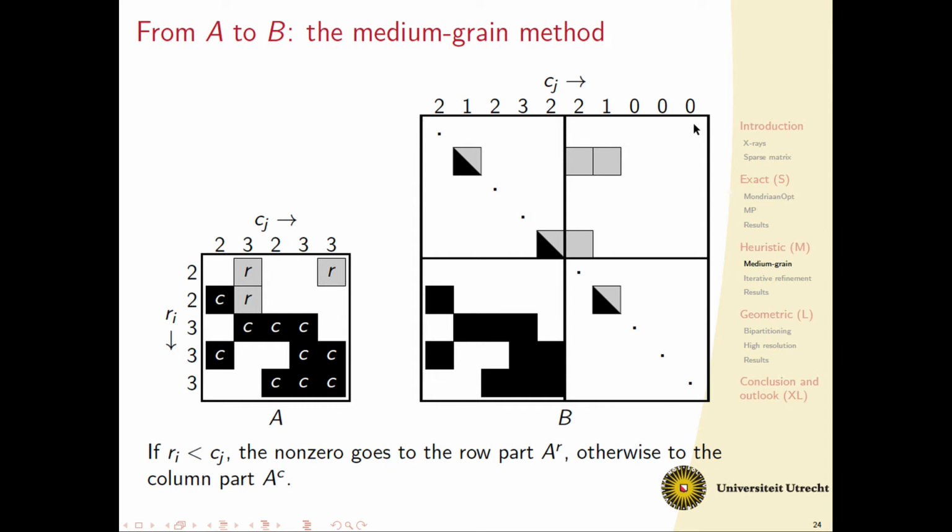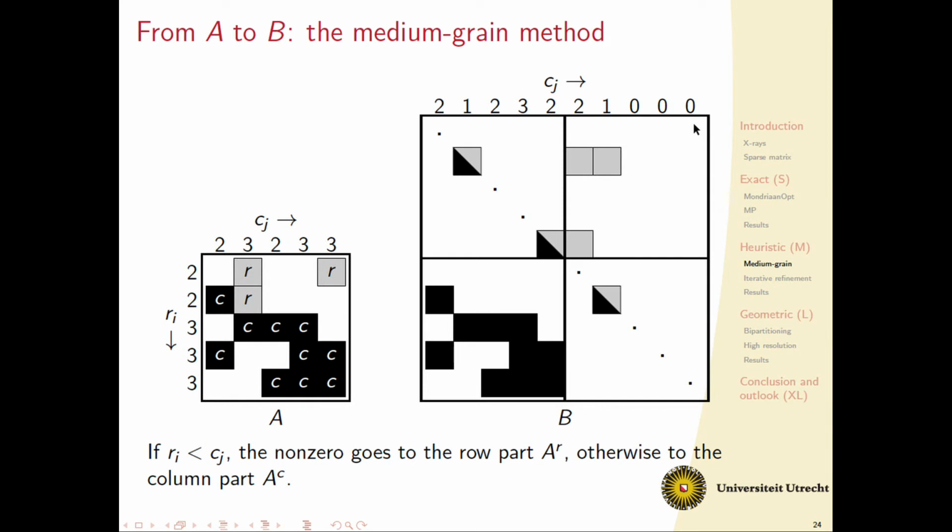So for every non-zero, we take a decision, and you see, in this case, that non-zero takes the same decision. So this row stays together. But sometimes, if you look at the second column, they take different decisions. So that's why we have a non-zero here and 2 non-zeros here, and the diagonal connects between them.